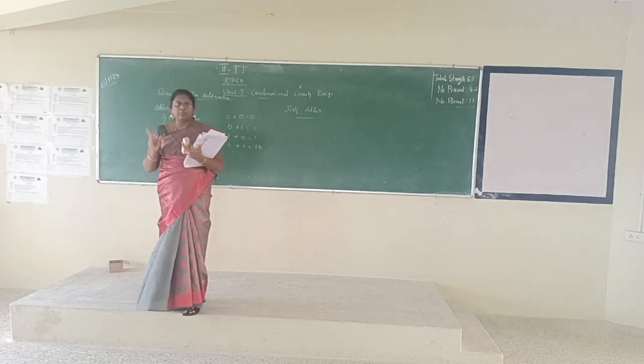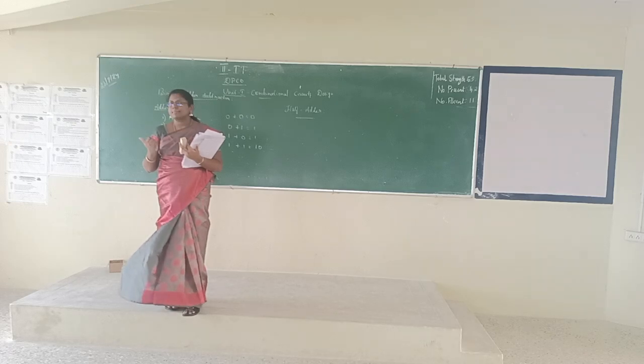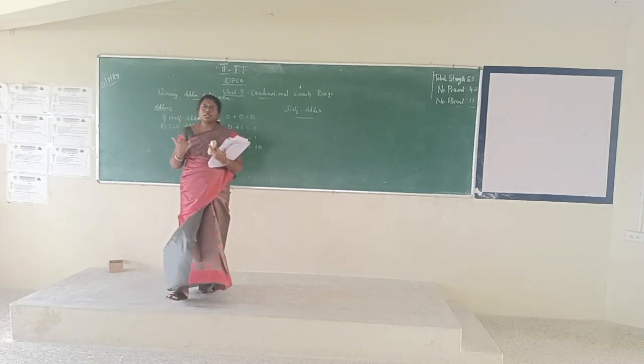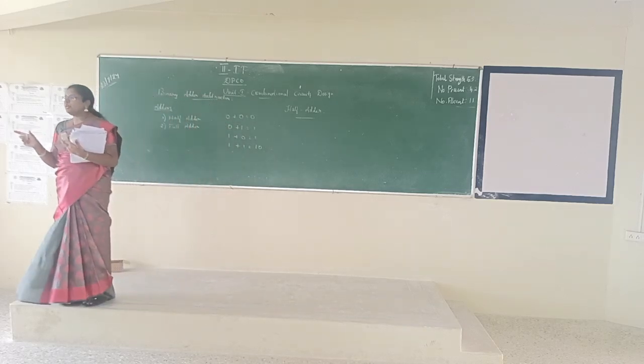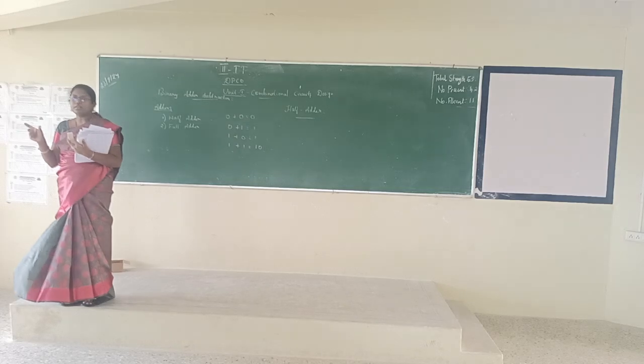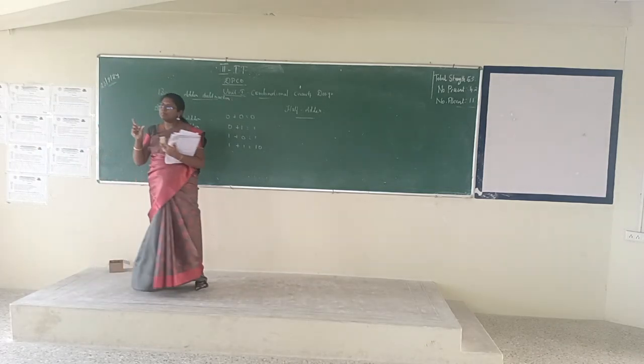When you are adding two numbers, you are getting one carry, right? In combinational circuits, the carry of the first circuit will be added as an input to the next circuit. So we have sum as well as carry.